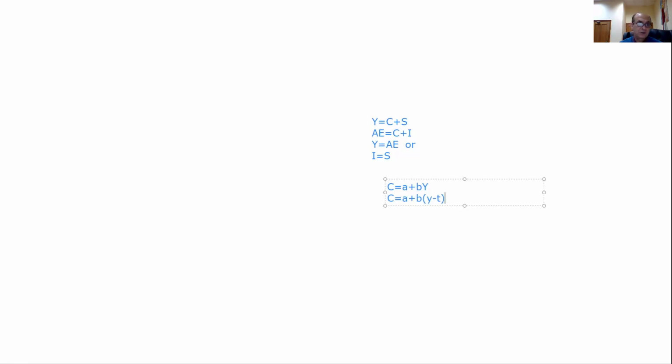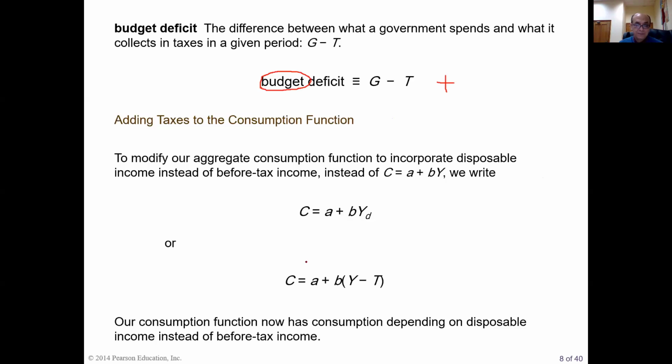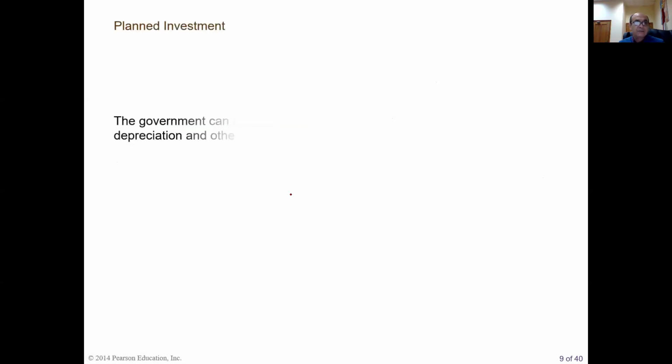Let's return to our C as consumption equal to A plus B times Y minus T in this case.